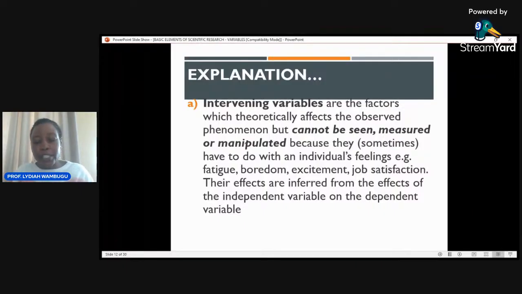So as you do research, make sure you identify intervening variables so that you are aware of them, because they influence your data, they influence your analysis. And when we are drawing the conceptual framework, we normally show these confounding variables, so that even as you discuss your results, at the back of your mind, you know that this intervening variable is the one that has likely affected this one.